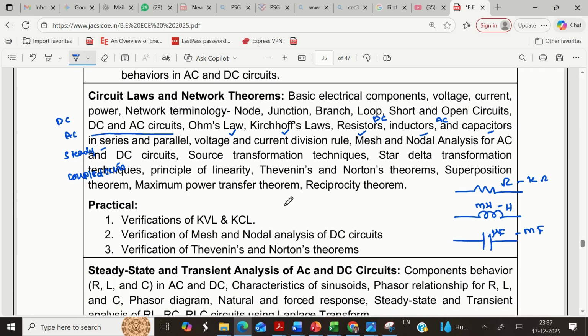The voltage division rule and current division rule you would have studied under different titles in grade 12 physics.